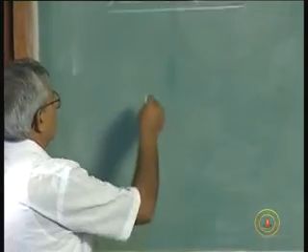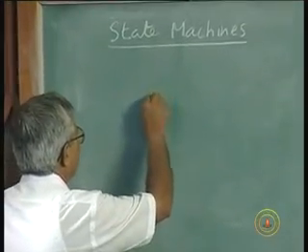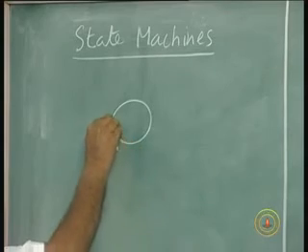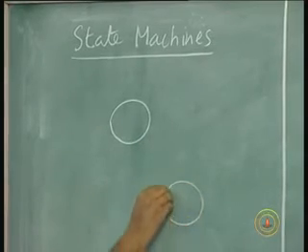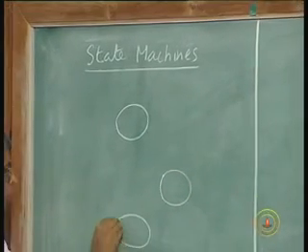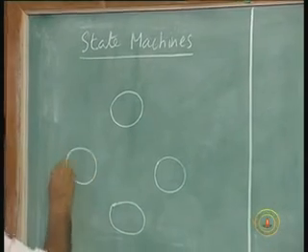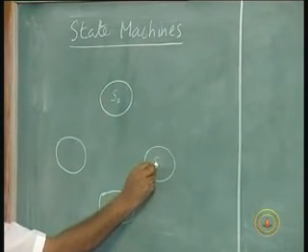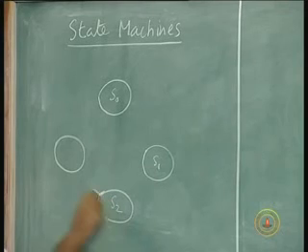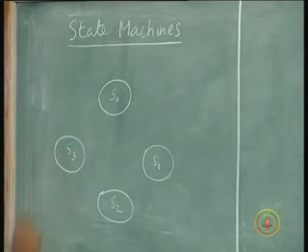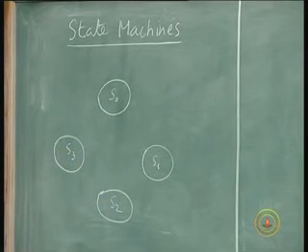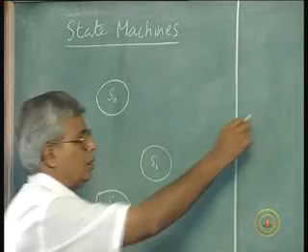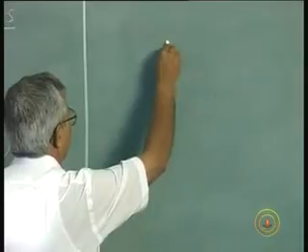So let us think of this as a simple circuit in which there are 4 states. I call these states S0, S1, S2, and S3. So this is the circuit or the system I am talking about.